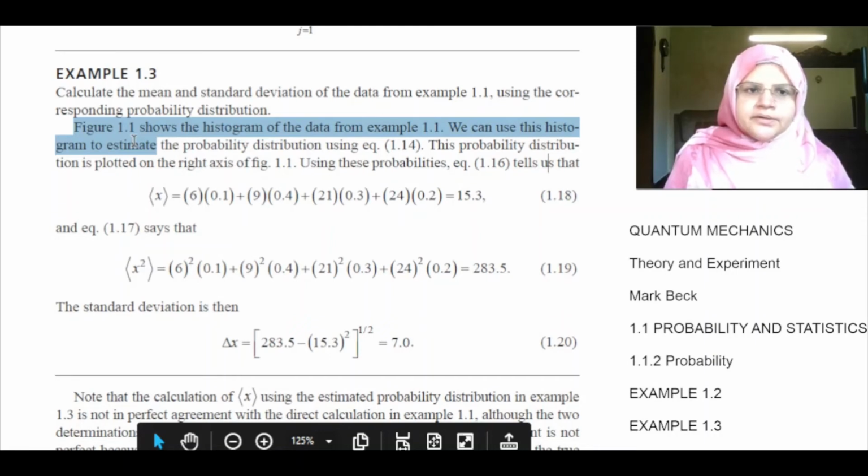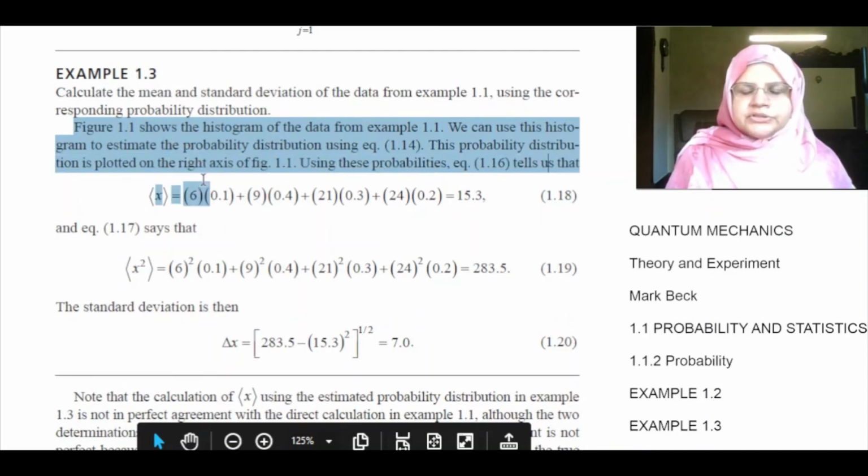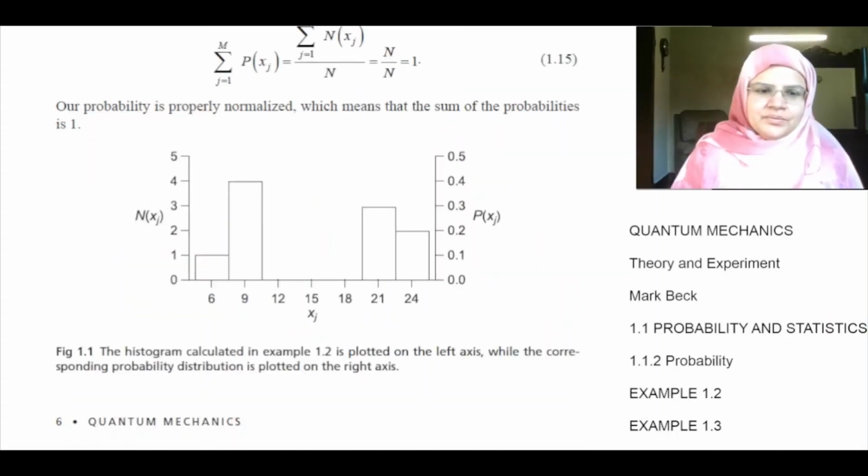This probability distribution is plotted on the right axis of figure 1.1. We can get the values of the probabilities from the histogram. We see that P6 is equal to 0.1, P9 is equal to 0.4, P21 is equal to 0.3, and P24 is equal to 0.2.